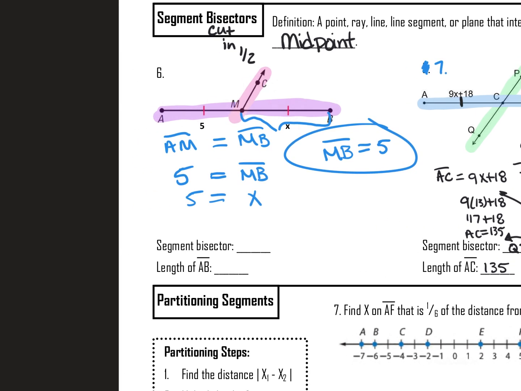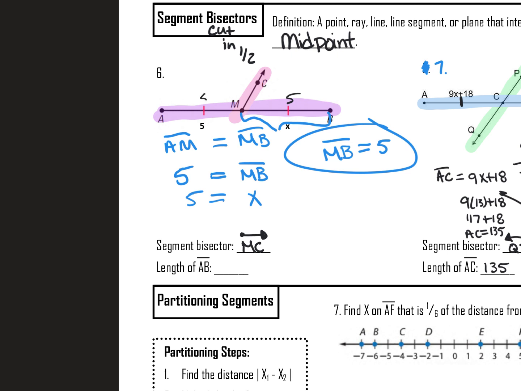Hopping back over to question 6 really quick. The segment bisector, we already talked about that, is ray MC. And then now it says what's the length of AB. So we didn't solve for what AB was. We found MB, which we said was 5.